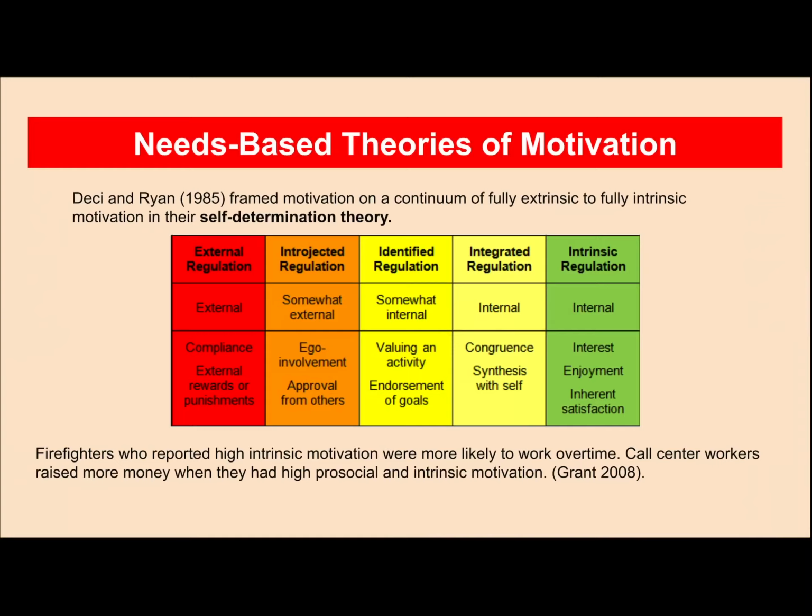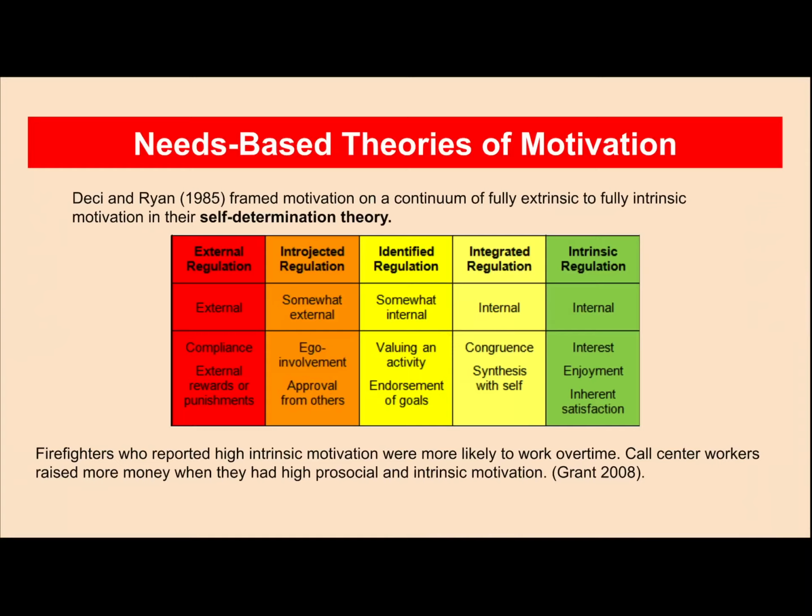And finally, the green intrinsic regulation, which actually has the word intrinsic in its name, is completely internal and intrinsic and involves your own interests, enjoyments, satisfaction, basically your preferences, your own opinions, totally from the inside. So as you can see, as we move from red up to green, it goes from completely external to completely internal.